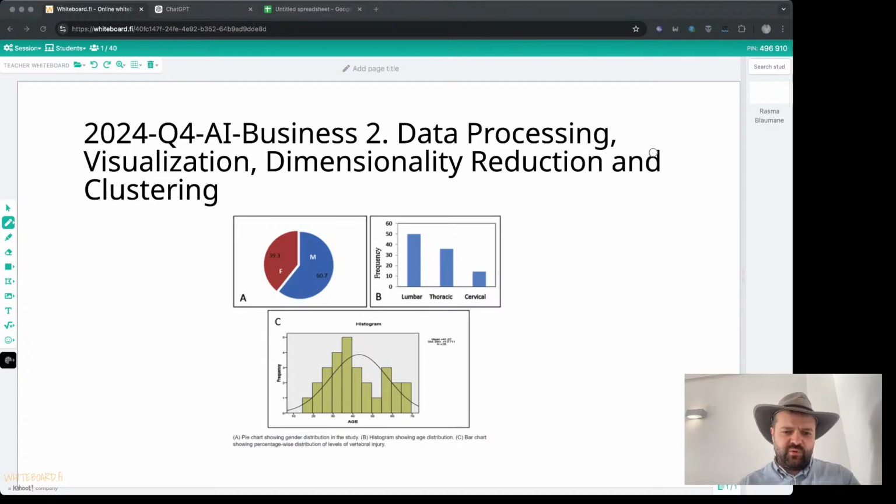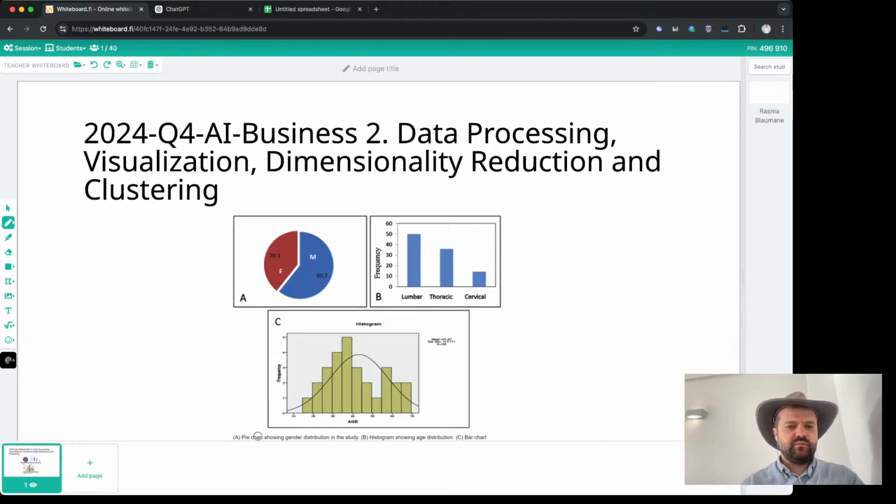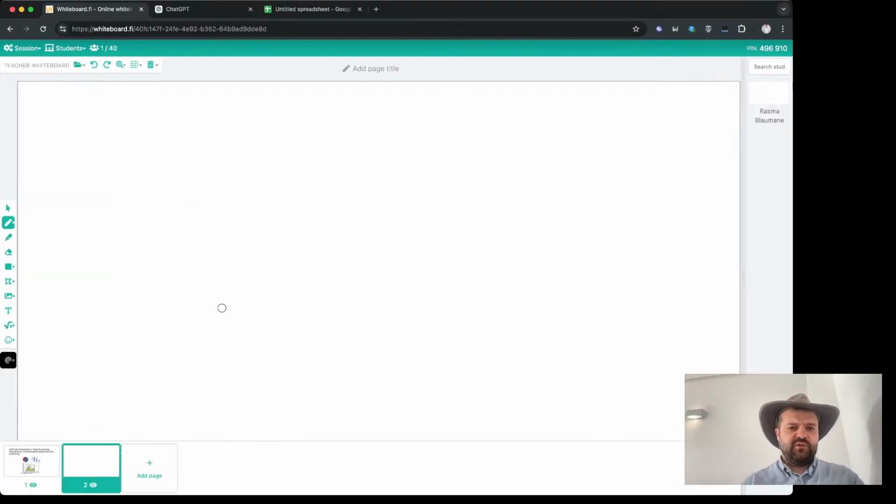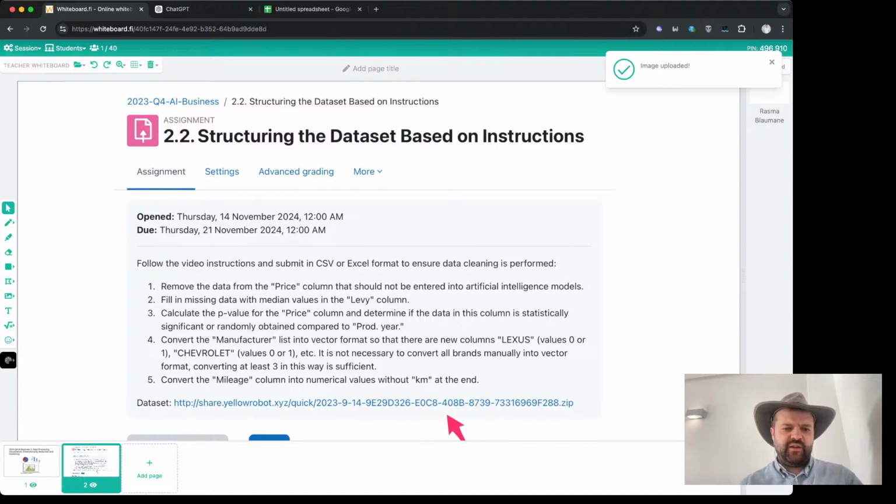So what I want you to do is go to 2.2 in the Moodle, and I will also drop this in the whiteboard so you know where to look. You can download the zip file, which contains about a 2 MB CSV file, and then I have some tasks to do.